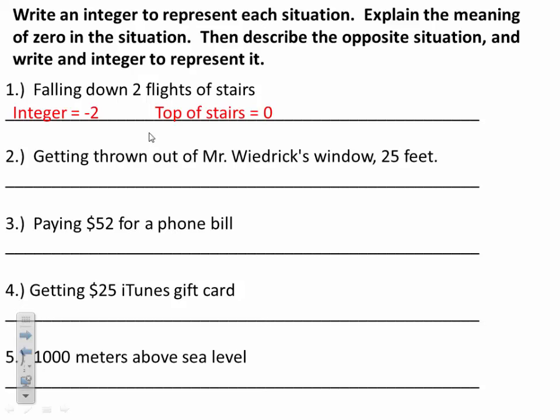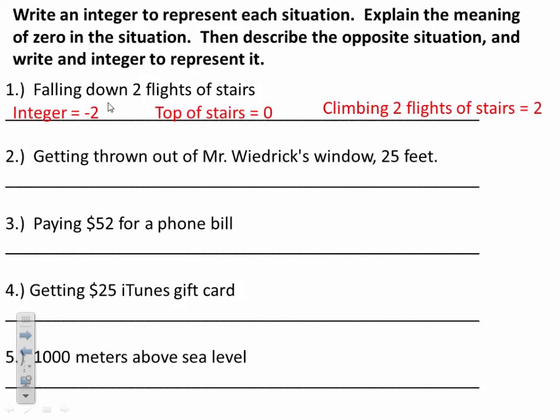So think about that for a second. An integer to show falling down the stairs would be negative 2 because we went down 2 flights. 0 is where you start from, so we started from the top of the stairs. Now it says the opposite with an integer. Okay, so I'm going to just give you an opposite situation. If we climb 2 flights of stairs, the answer would be positive 2.